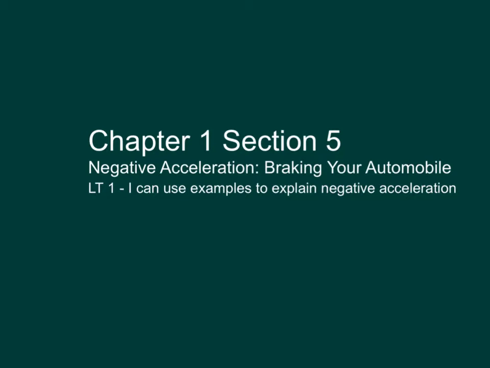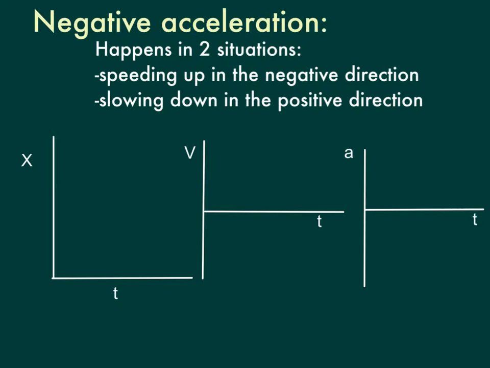Chapter 1, Section 5, Learning Target Number 1, is about negative acceleration. Negative acceleration can happen in two different ways. An object can be speeding up in the negative direction, which would look like this on a position time graph.